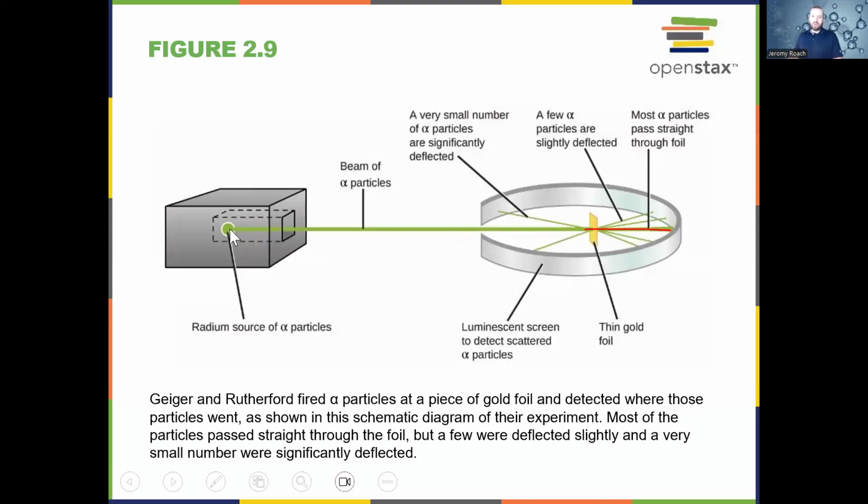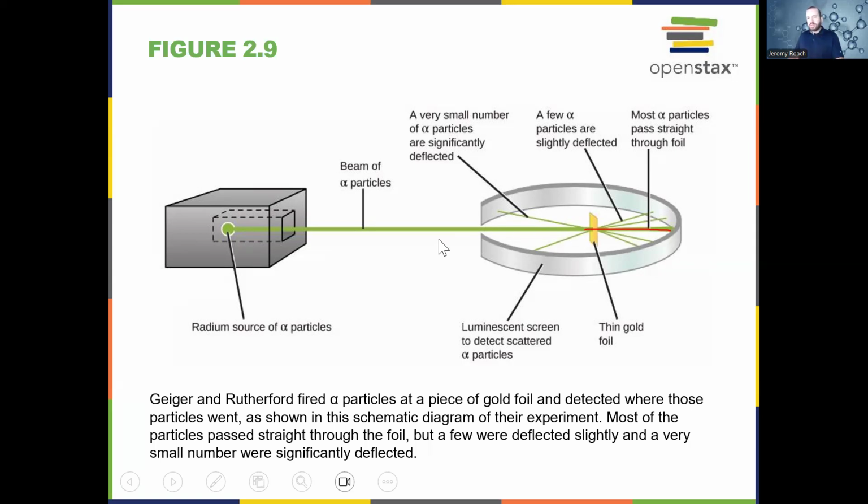So these alpha particles would be directed in a single beam, and this is very thin gold foil. You could almost maybe even see through it. It's a very thin sheet of gold foil. Theoretically, we might think that it's going to either go through the foil or bounce back.